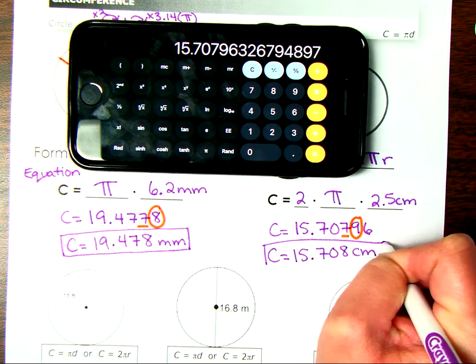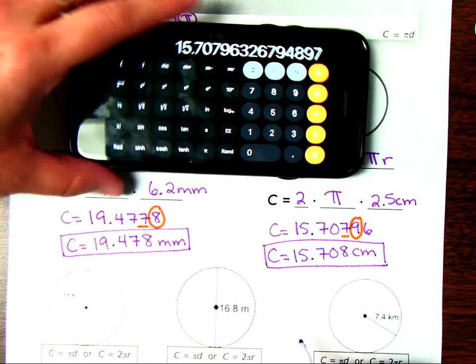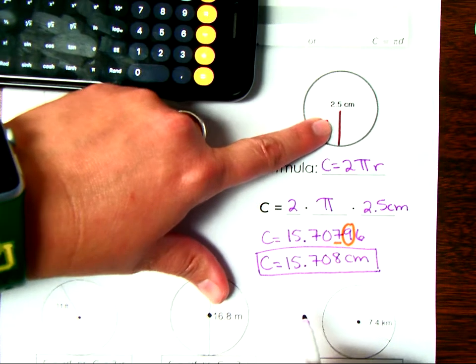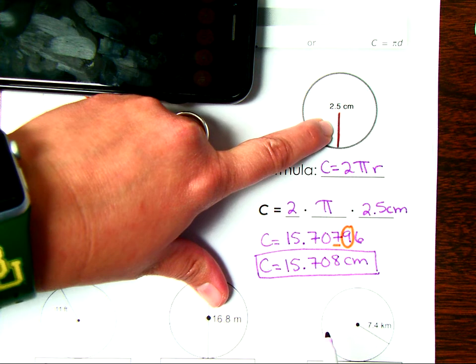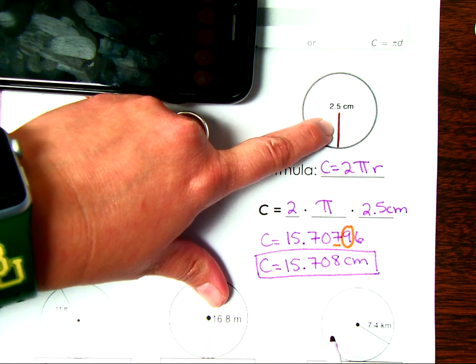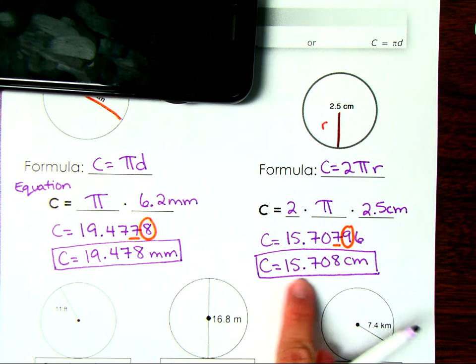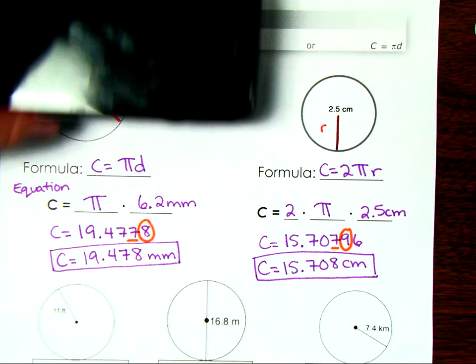Don't forget your units. Okay. Again, if you used your estimation from the first day we did this, your radius doubled is your diameter, so that's 5. There's about 3 of your diameters to make your circumference, so 3 times 5 is 15, but there's that little extra because that pi is not exactly 3. Okay, something to think about.